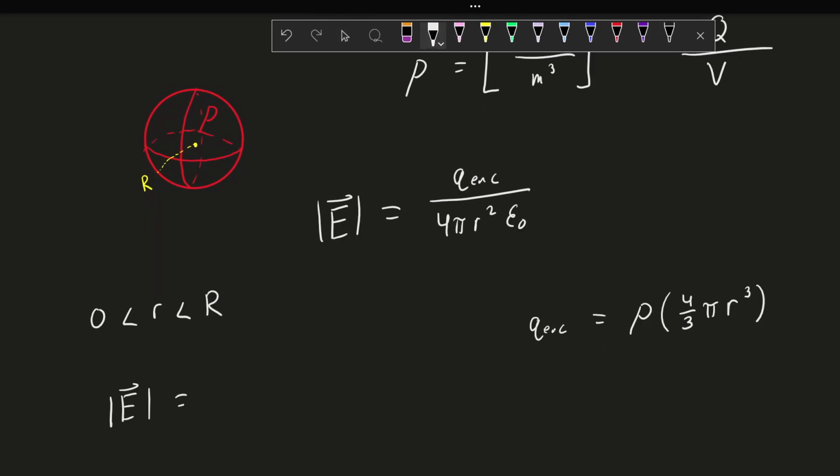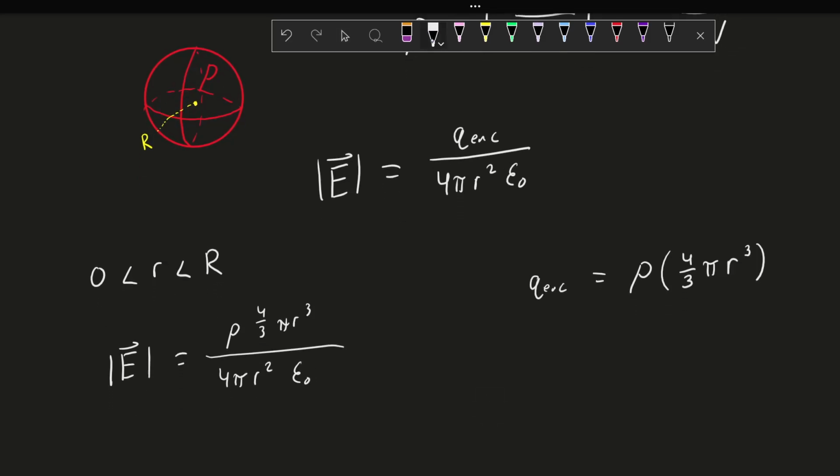We can simply plug that into the formula, and we'll be left with rho 4/3 pi r cubed over 4 pi r squared epsilon naught.